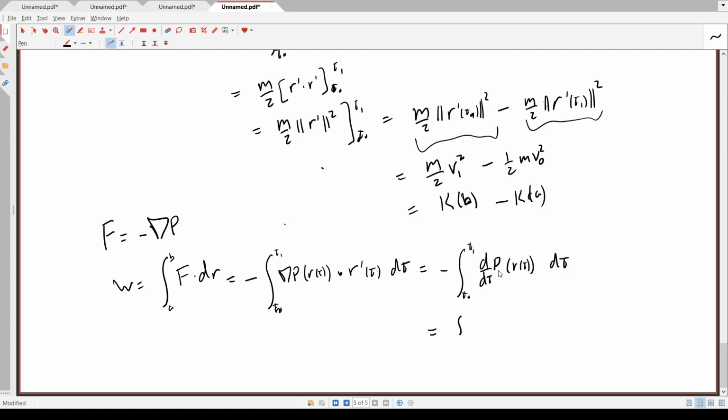So I do this integral, integrating a time derivative with respect to time, so this is just negative, and I evaluate this function at the two endpoints. That's p at r of t0 minus p at r of t1. So I distribute the negatives so they swap orders, and this just becomes p at b minus p at a.